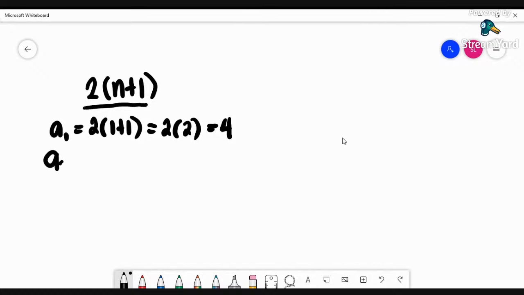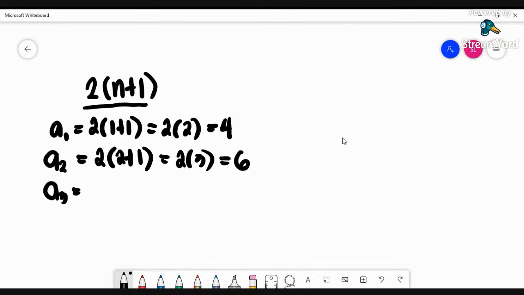For a sub 2, we have 2 times 2 plus 1 equals 2 times 3. That is 6. For a sub 3, we get 2 times 3 plus 1, that is 2 times 4, which is equal to 8.